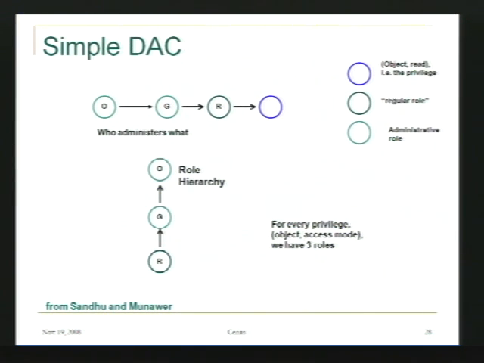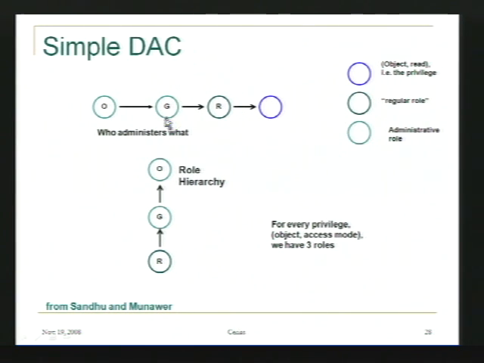So moving on then to simulating DAC. We have these administrative roles. And what does this actually mean? This was an original mapping that Sandhu and Munawar came up with. We have the object here with its access mode. And then there's a regular role that contains that privilege. The blue thing represents a privilege.